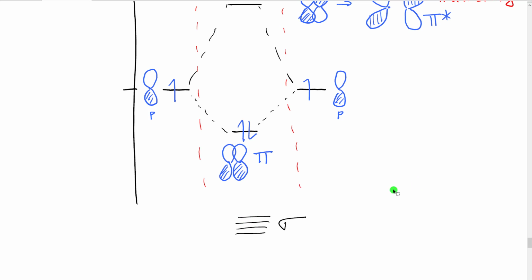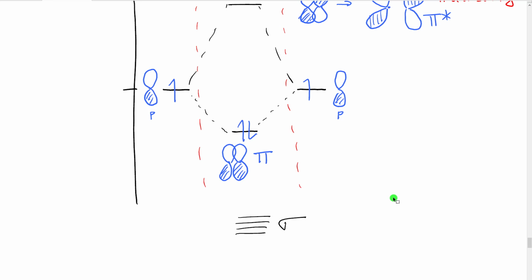Because the sigma bonds overlap head to head, a large amount of the orbital is overlapping, so those potential energy changes would be really big compared to the potential energy changes for the pi.